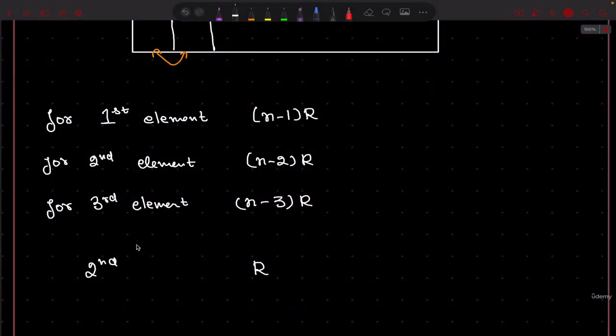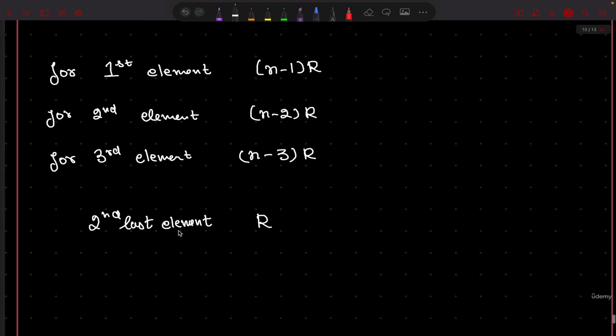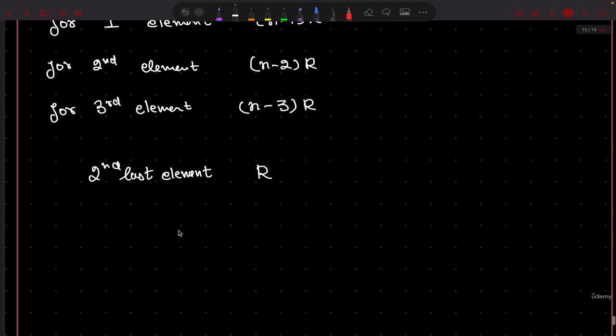So for the second last element, I'm going to do these k operations, right? Now all I have to do is just add these and tell how many operations I'm doing. So let us add that.